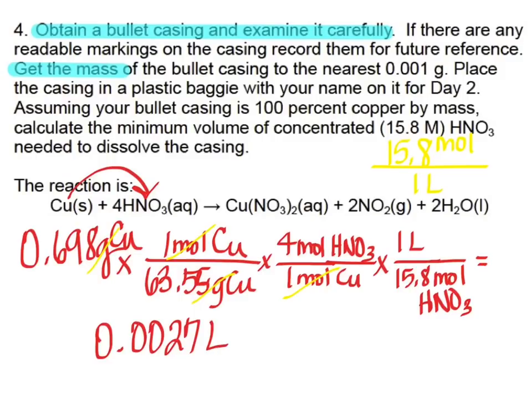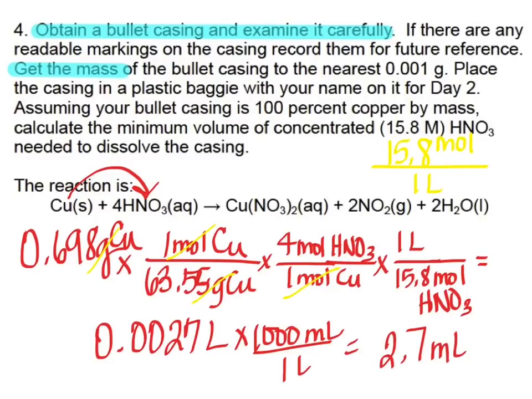That is very hard to measure in a big liter flask. So I am going to change this to milliliters. I'm going to multiply that by 1,000 mils for every 1 liter, and that gives me 2.7 milliliters of nitric acid. So to dissolve my little bitty bullet, I need 2.7 milliliters of nitric acid.